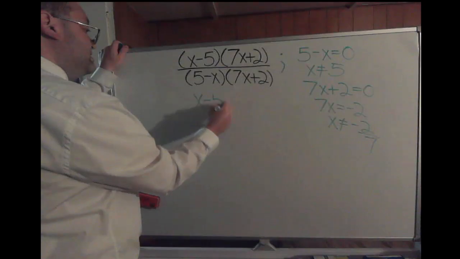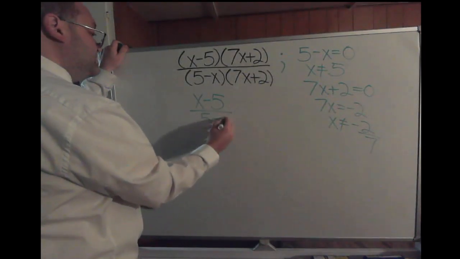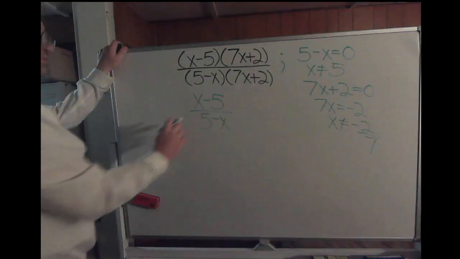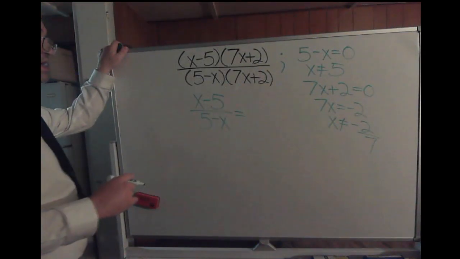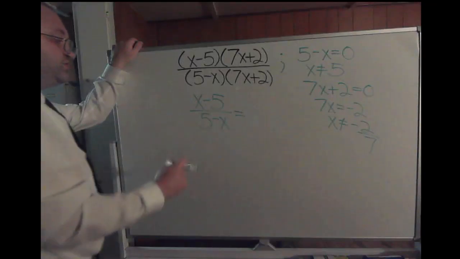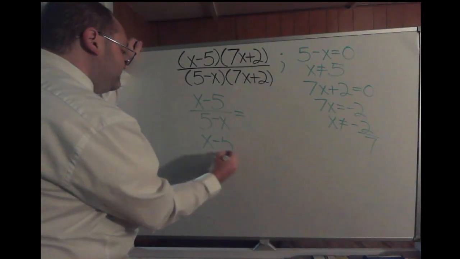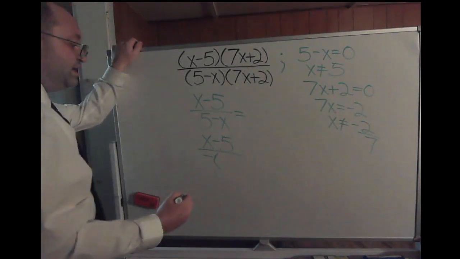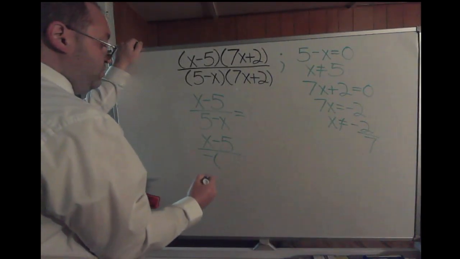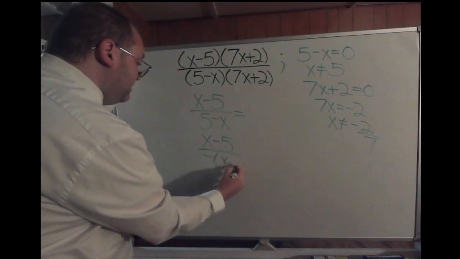You're left with x minus 5 all over 5 minus x. They look similar but different. They are different. 5 minus x, you can factor out a common -1. You would have x minus 5 all over -1 times the quantity. Well, you do that, you would get positive x minus 5.